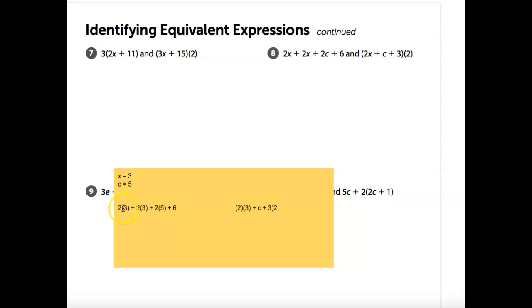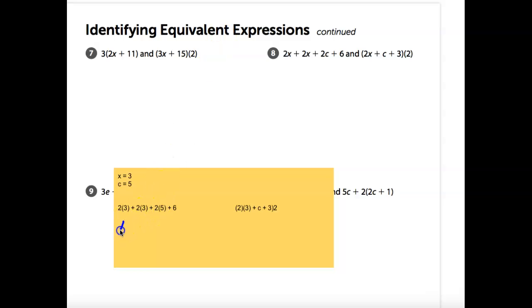So this was, it said 2x plus 2x plus 2c plus 6 is what it was. So I put in for the x, I put 2 times 3 plus 2 times 3 plus 2c, which is 2 times 5 plus 6. And we solve that, let me switch to my marker.